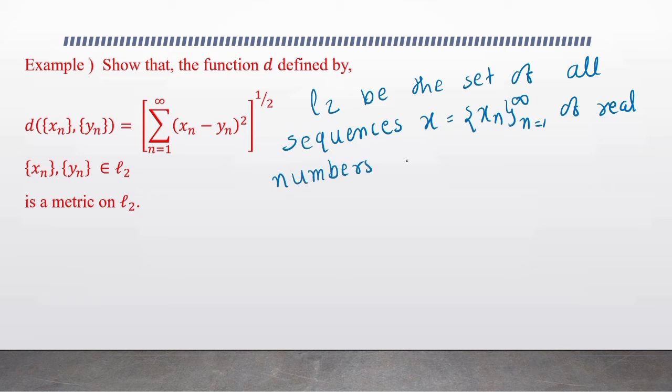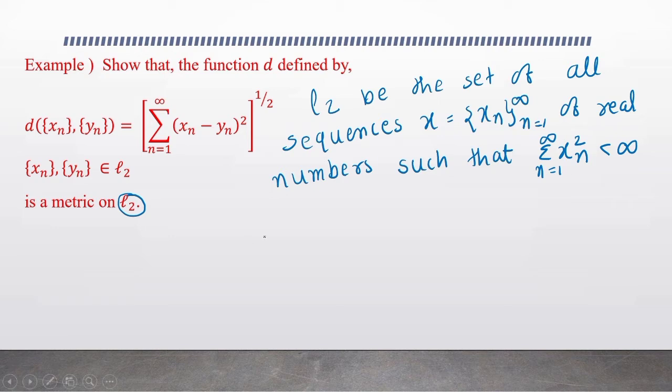Now, this satisfies the condition that summation of xn square, n is equal to 1 to infinity, is finite. So, this is L2. So, it contains the sequences xn, n is equal to 1 to infinity, of all real numbers which satisfy this condition.